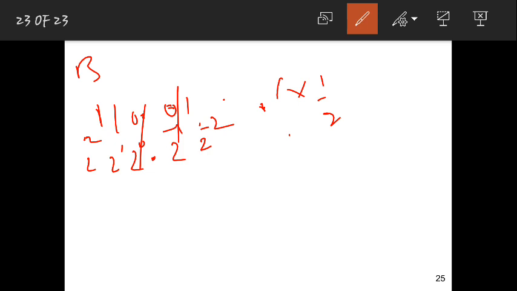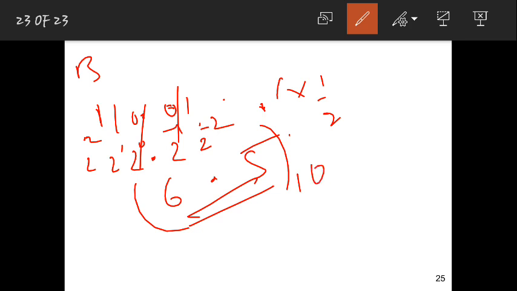That means this value is 6 and this is 0.5, so 6.5. This is the decimal value for this binary value.